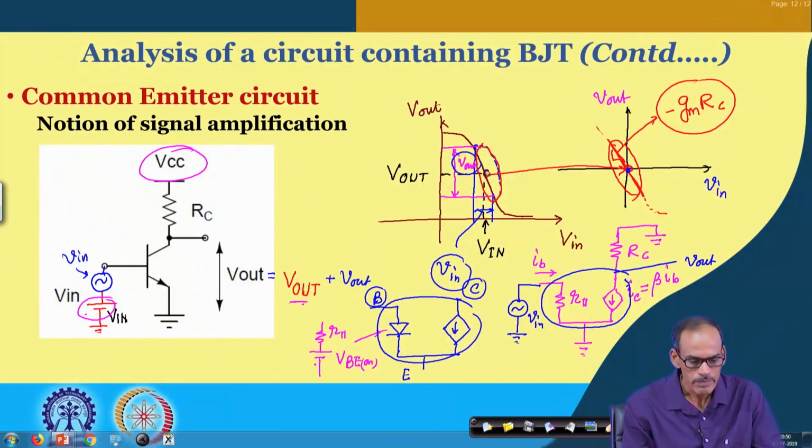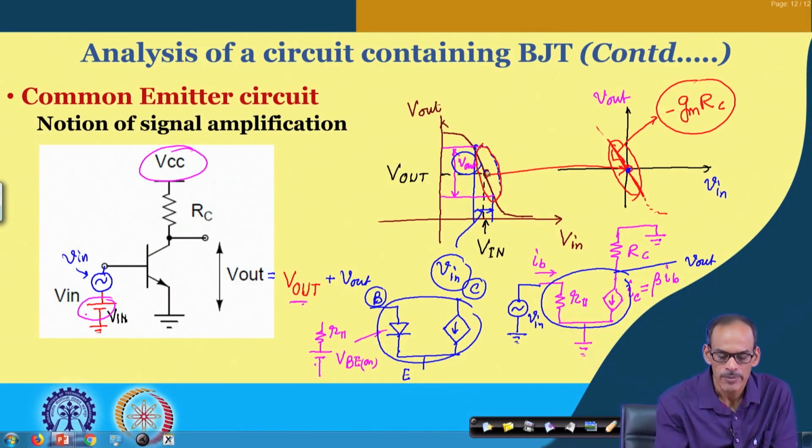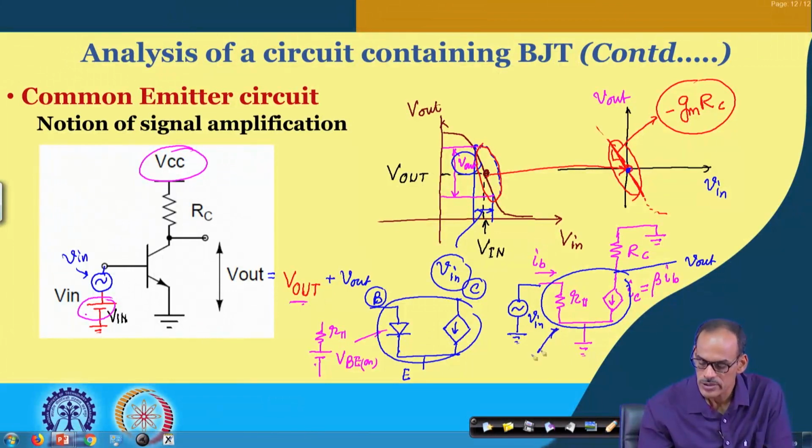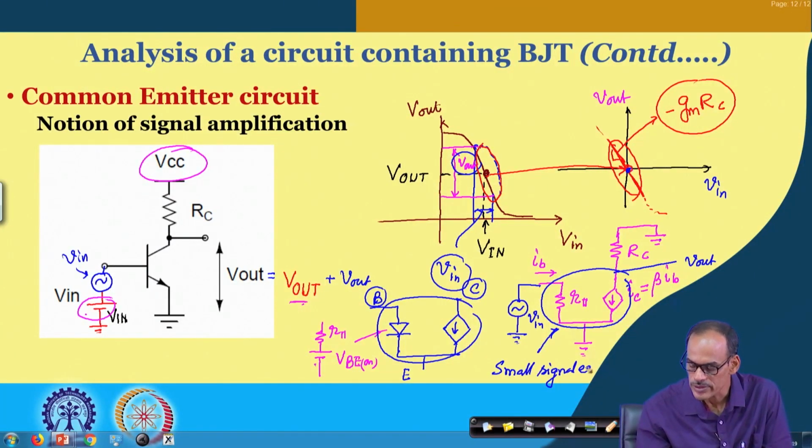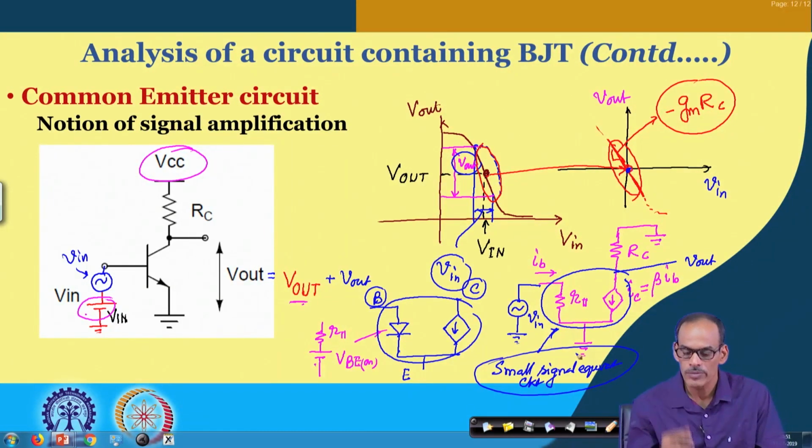So, along with the signal amplification, we also get a notion called the small signal equivalent circuit. So, this is referred to as the small signal equivalent circuit. Later on we will be frequently using this model.